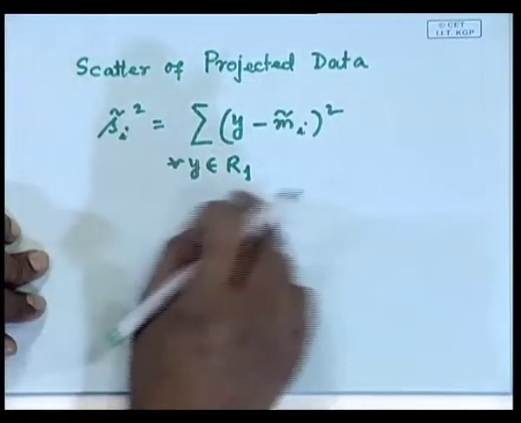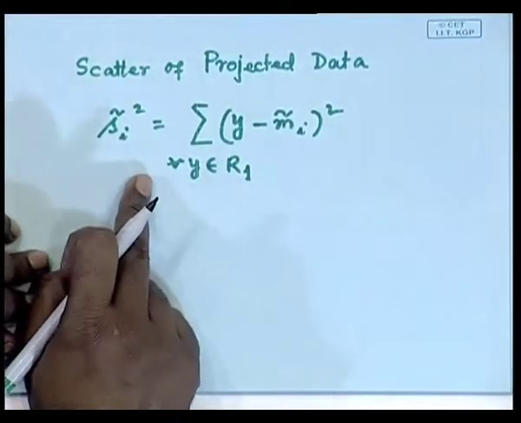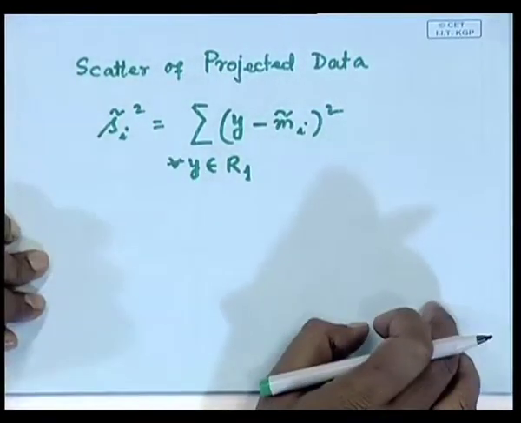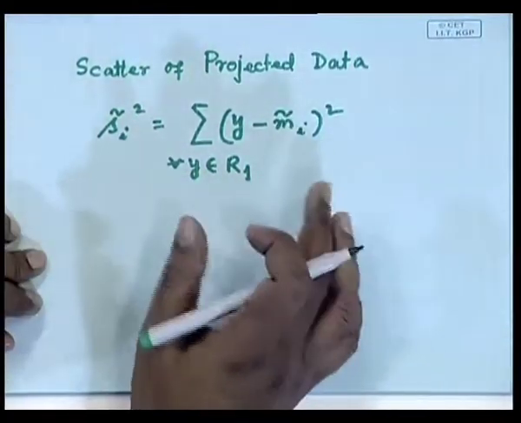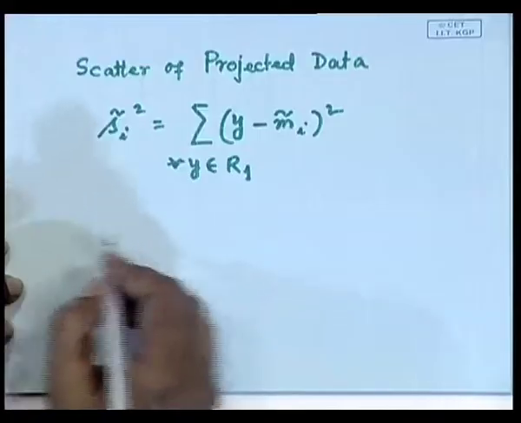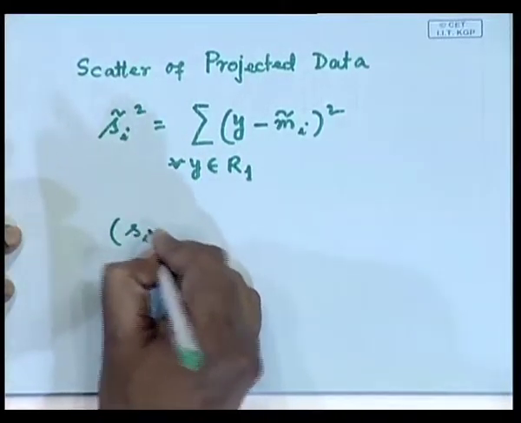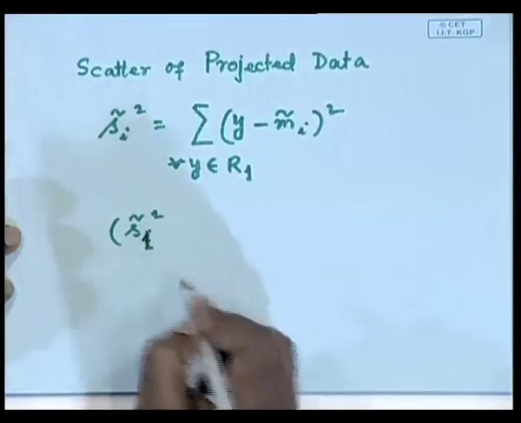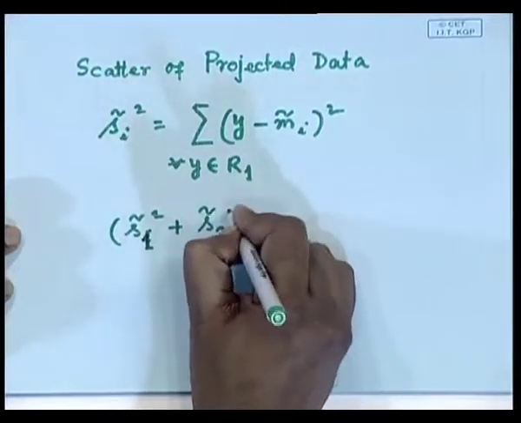Okay. So, when I define such a kind of scatter for the samples belonging to set R i, or the samples taken from class omega i, okay, then I can define the total within class scatter. That total within class scatter will be nothing but the sum of S i tilde square, or since we are considering only two classes, let me make it S 1 tilde square plus S 2 tilde square.